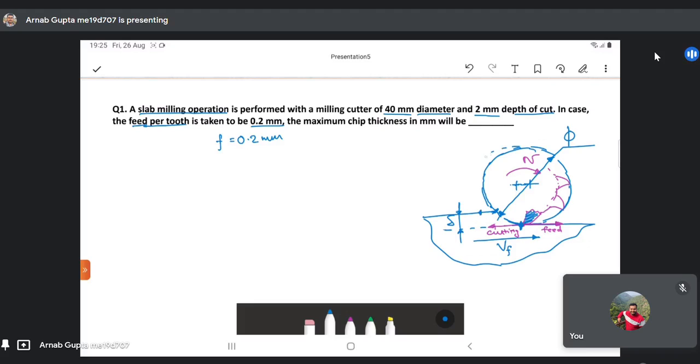So this will be your new position of the tool, and this particular tooth here has propagated till here. Okay. So this is the scenario.